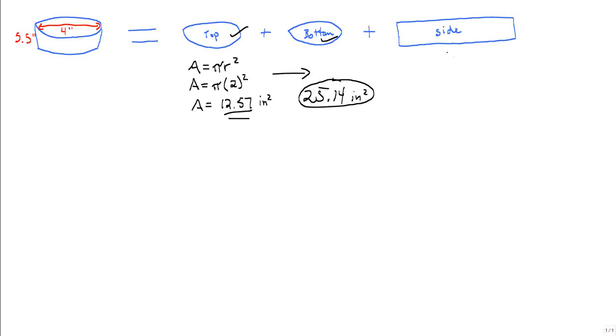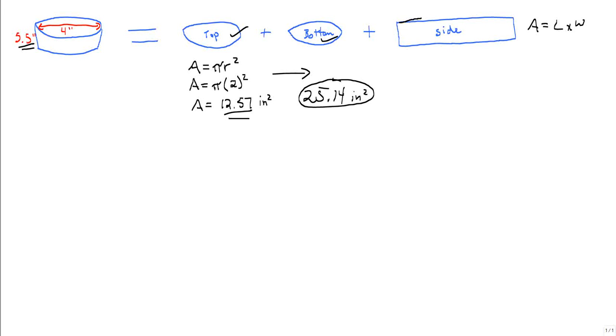Now what's left is the side. Now, area of a rectangle is always going to be length times width. Now we know the width, which is 5.5 inches, but we don't know the length yet. So to find the length of this rectangle, we have to remember what this looks like on the tin.